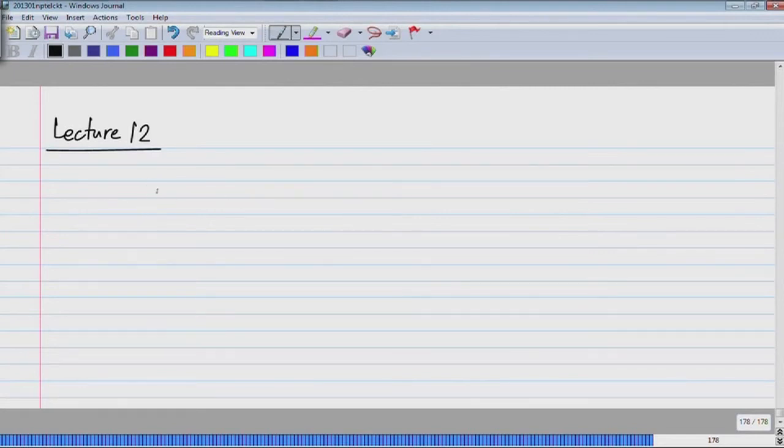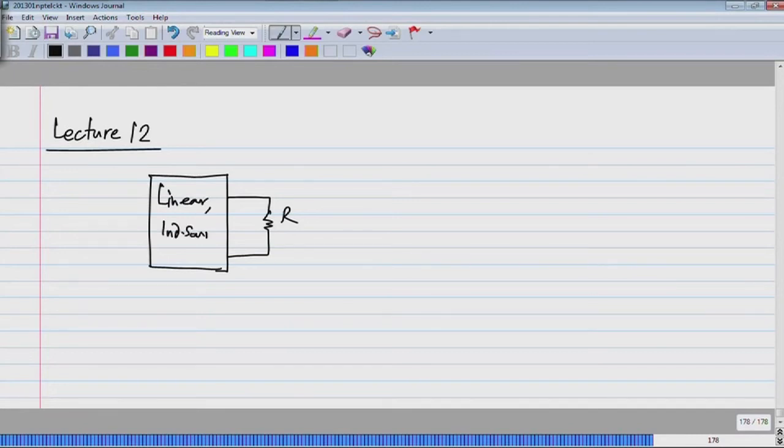One interesting and practical thing that we need to calculate many times is this: we have some component, let's say a resistor. It could be a voltage source or a current source also. And let's say this is some network, which is a linear network with some independent sources.